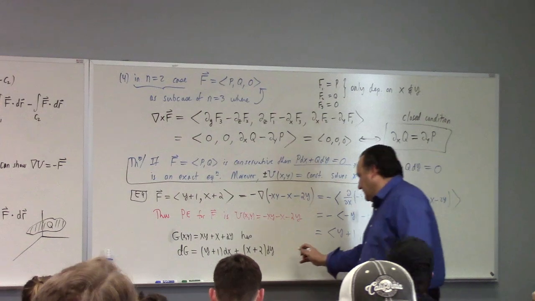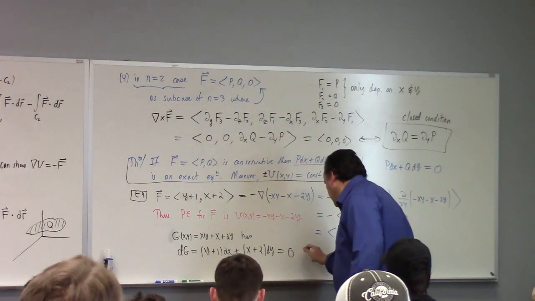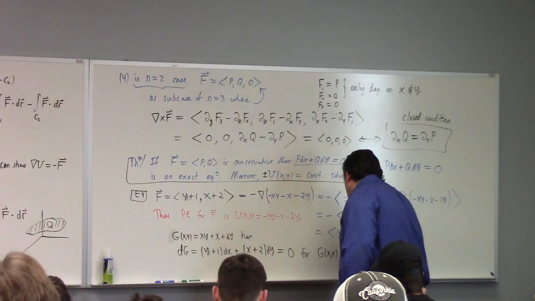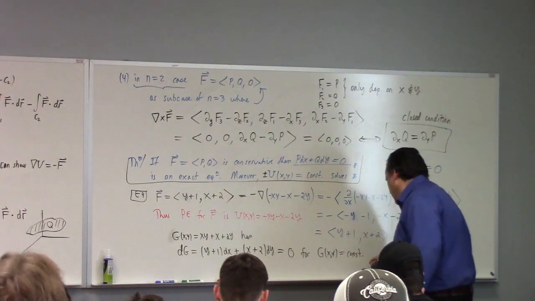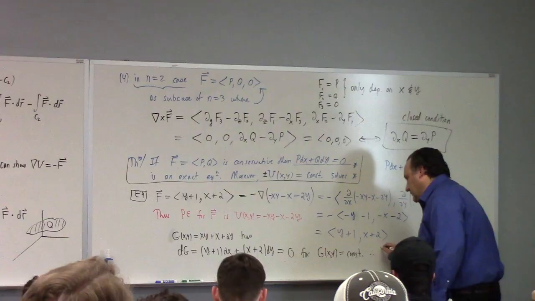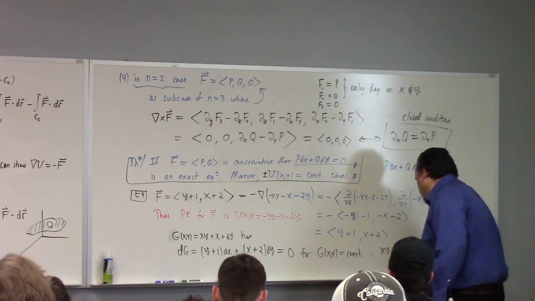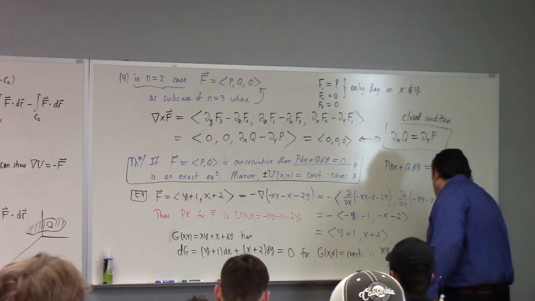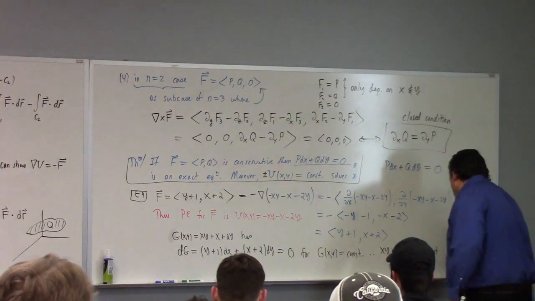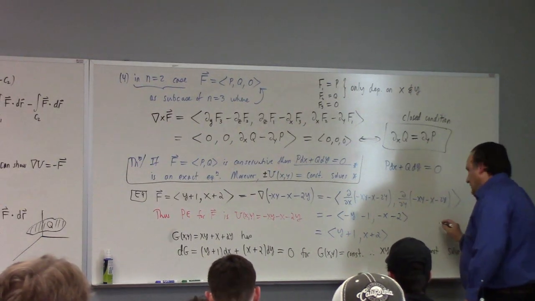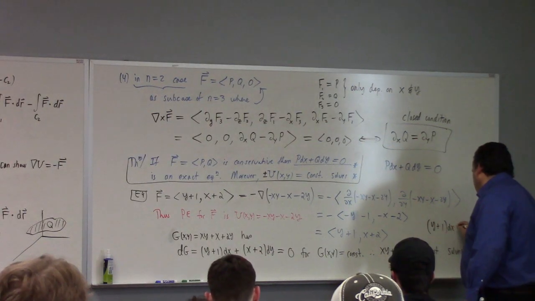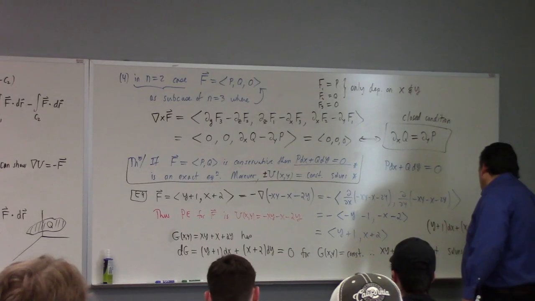So this is equal to 0 for big G of x, y equal to a constant. That is, xy plus x plus 2y equals a constant solves y plus 1 dx plus x plus 2 dy equals 0, right?